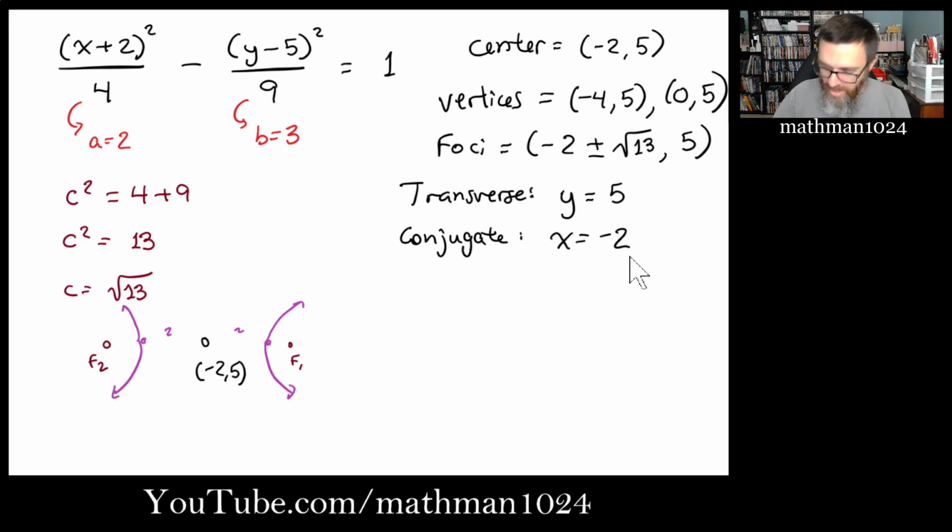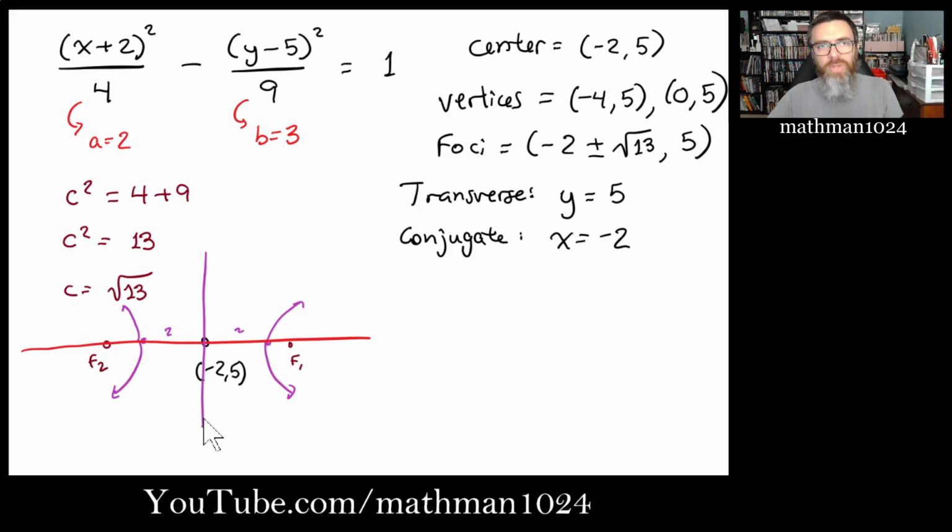And again, just to remind you guys that the transverse goes through the center in the two foci, and the conjugate is perpendicular to that, going through the center. So if the orientation was opening up and opening down, then the transverse axis would be x equals, and the conjugate would be y equals.